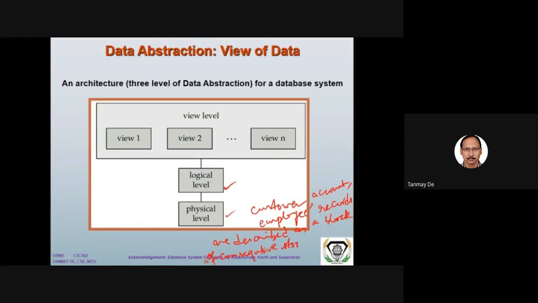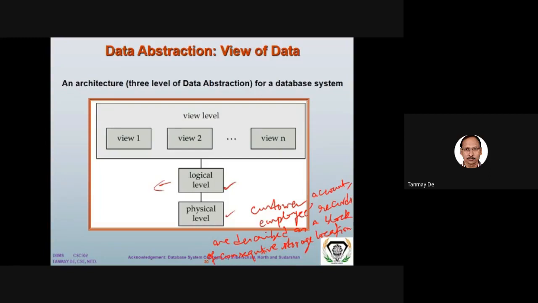Is it clear? If we consider the array, then it needs a consecutive storage location. If we consider the linked type of structure, then it may be a non-contiguous location, depending on the physical part also. So now at the conceptual level, what happens?